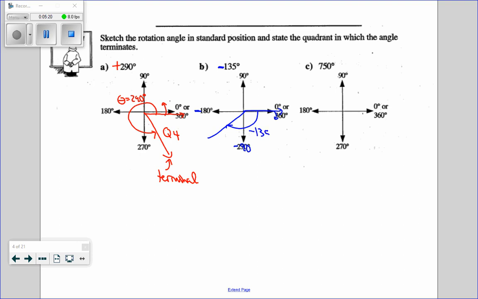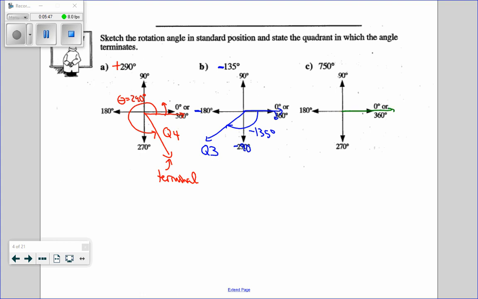So that's my negative 135. Because I'm going to land somewhere between negative 90 and negative 180. I don't care if you draw your line right smack in the middle or closer to one versus the other. It actually makes zero effect to me. But we landed in quadrant 3.